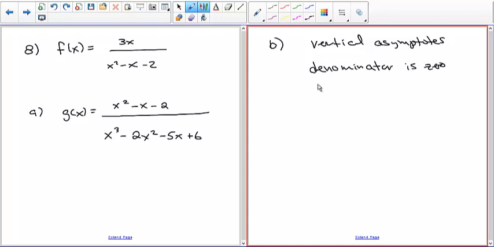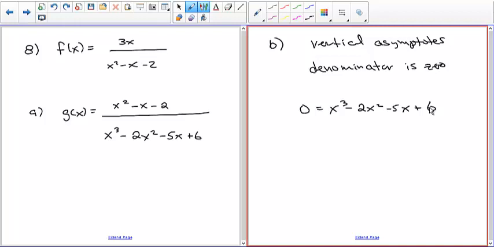So the x value is where this occurs. So we'll set the denominator equal to 0. Okay, so now we're having to use stuff we learned in the previous section, zeros of polynomials.